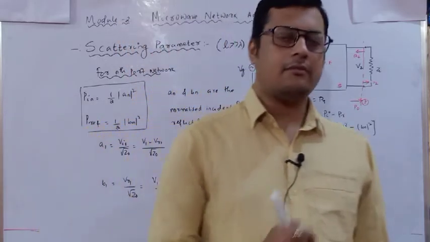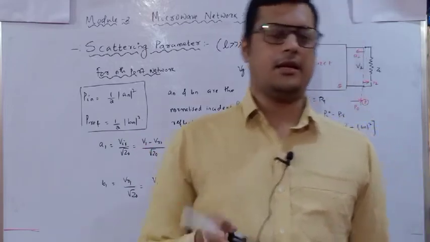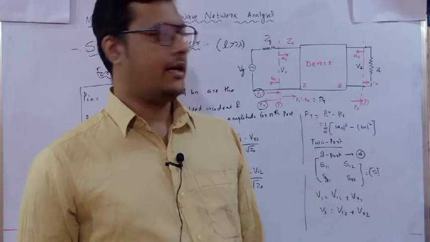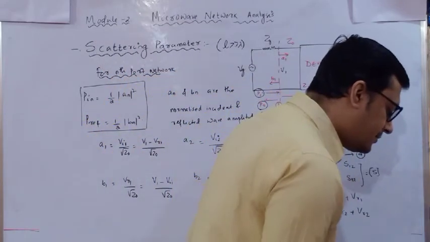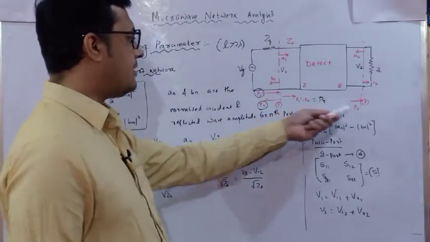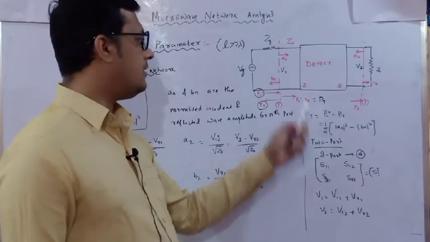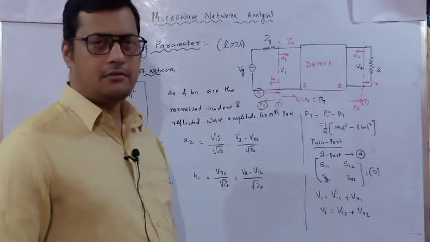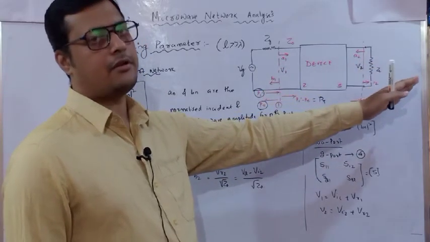Now with the help of these, we are going to identify the parameters S11, S12, S21 and S22. As you can see, the total power transmitted will be the incident power minus the reflected power at a particular port. You can identify it for port 1 or for port 2.